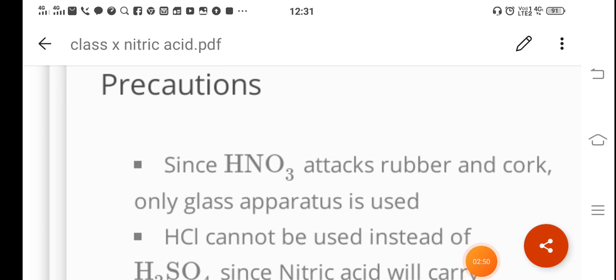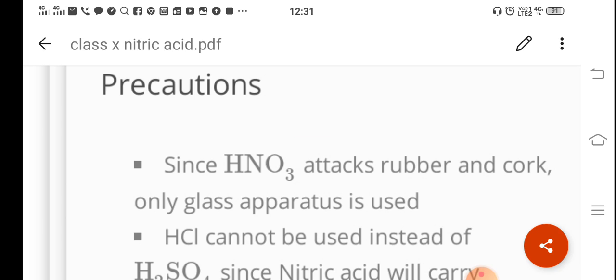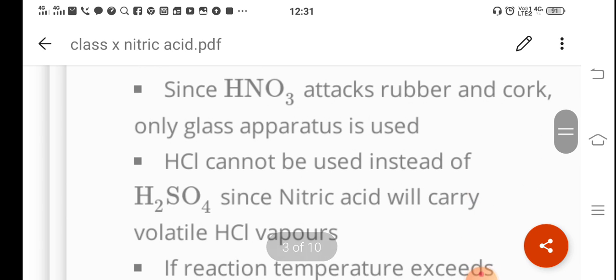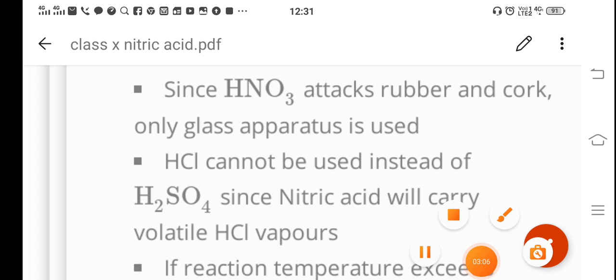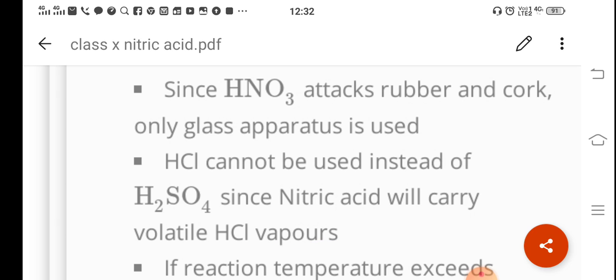As nitric acid attacks rubber corks, only glass apparatus is used for its storage. We cannot use a rubber cork because of its reaction. HCl cannot be used instead of H2SO4, since nitric acid would carry HCl vapors. This is the reason HCl cannot be used instead of sulfuric acid for its preparation: it would carry volatile HCl vapors.